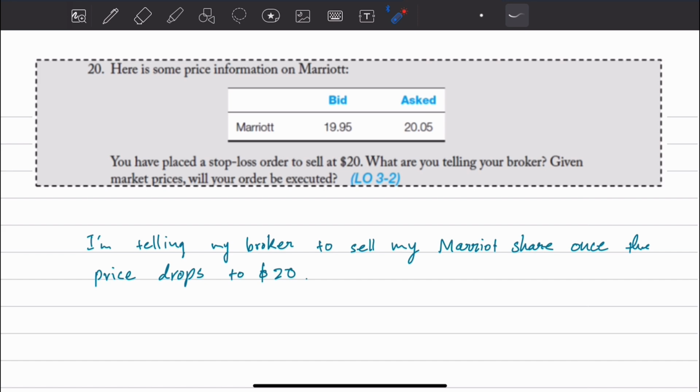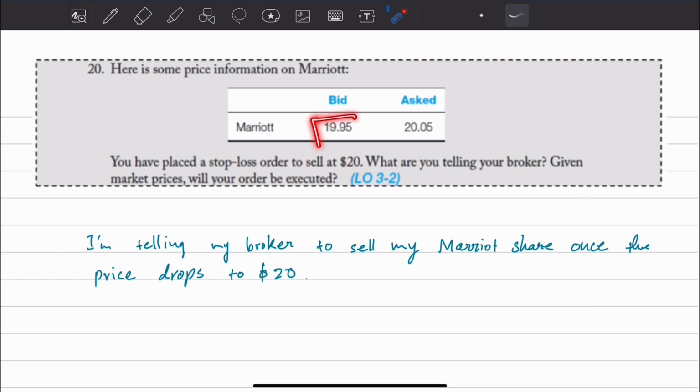Now it depends. Here we have the bid price of $19.95, which is the part we want to be looking at because we're trying to sell our stock. So we want to look at the bid prices, how much investors are offering to buy our Marriott stock, right? And we have placed our stop loss at 20.